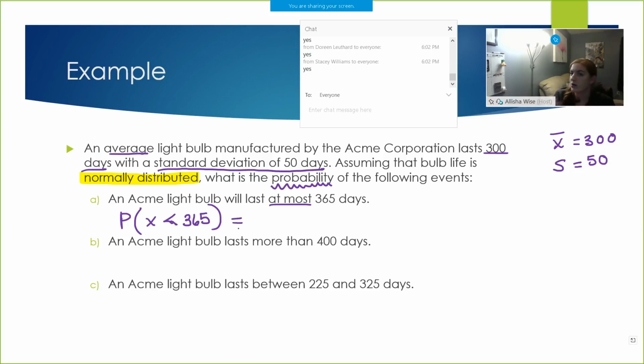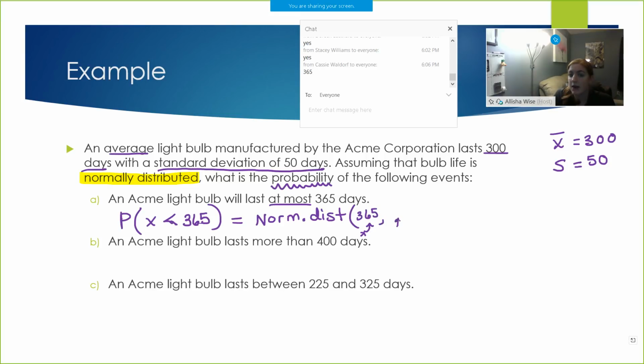So what function are we going to use in Excel to find the probability of less than? We're going to use norm.dist, right? And remember, we need to put in our X value first. So what's our X value here? Our X value is what we're trying to find the probability of, 365.